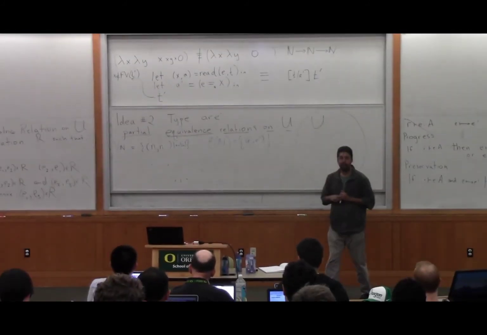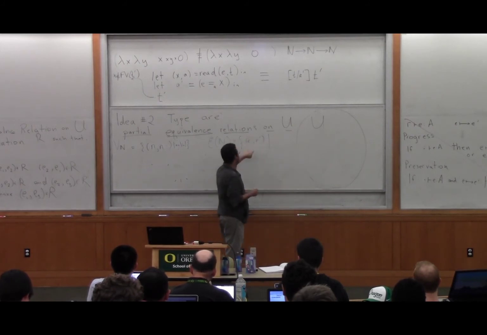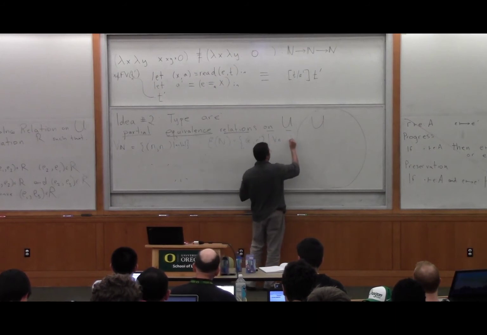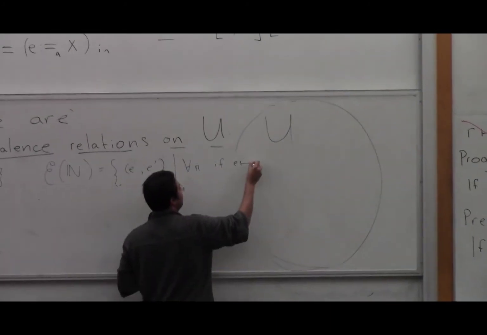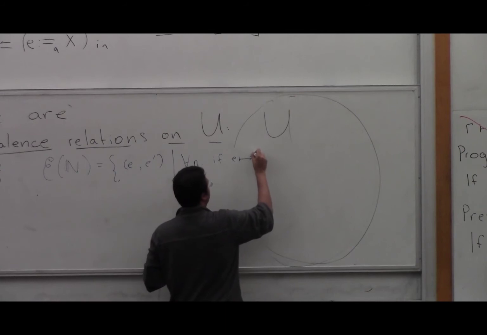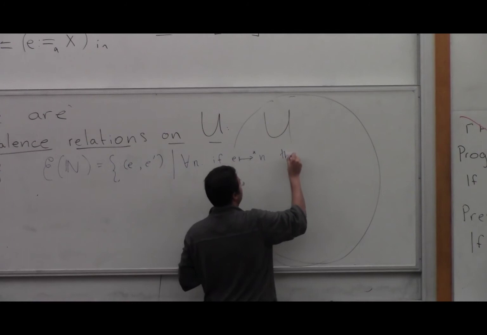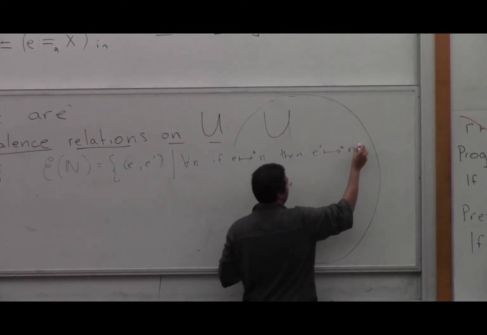So you might say, okay, for all n, if there is a reduction sequence so that E reduces in some number of steps to n, then E prime reduces in some other number of steps to n.